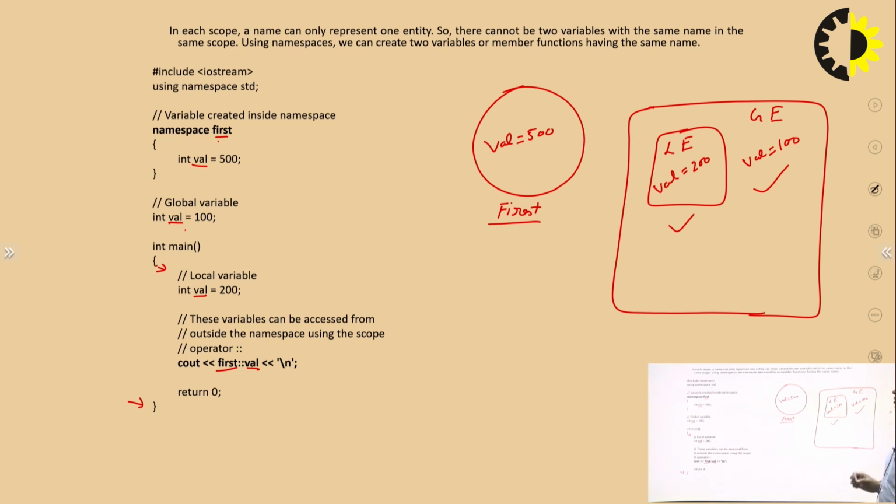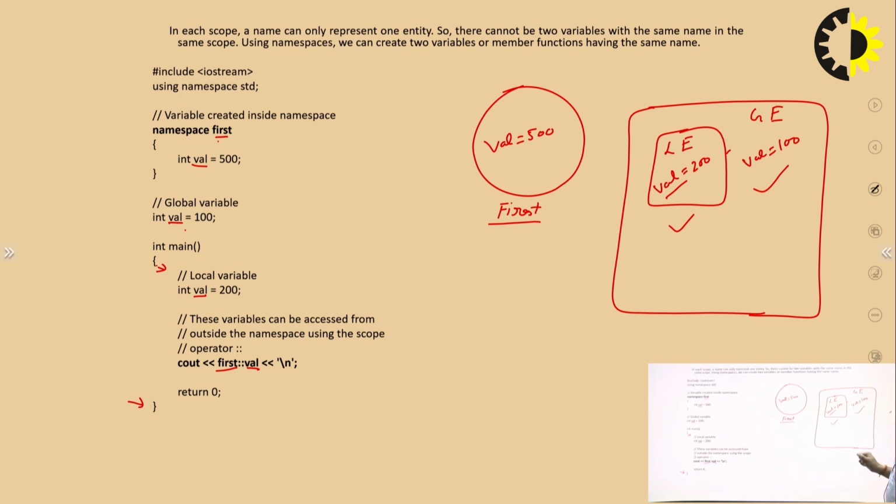So, in each scope, a name can only represent one entity. There cannot be two variables with the same name in the same scope. It means, in the local environment I can take only one variable val. If I create another variable with the same name, this is again a case of error.